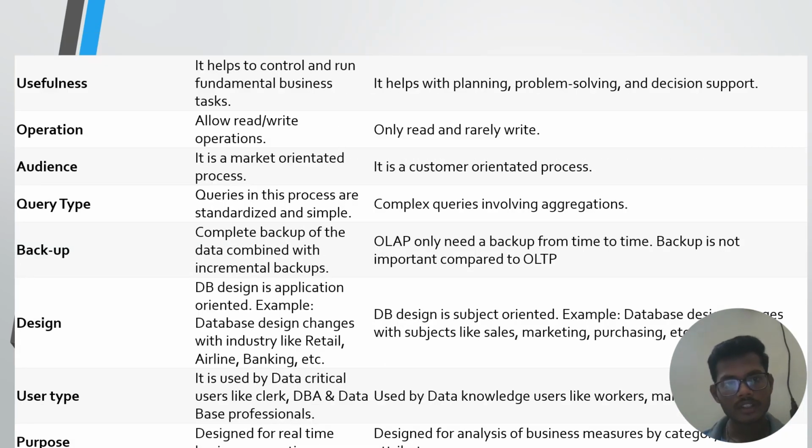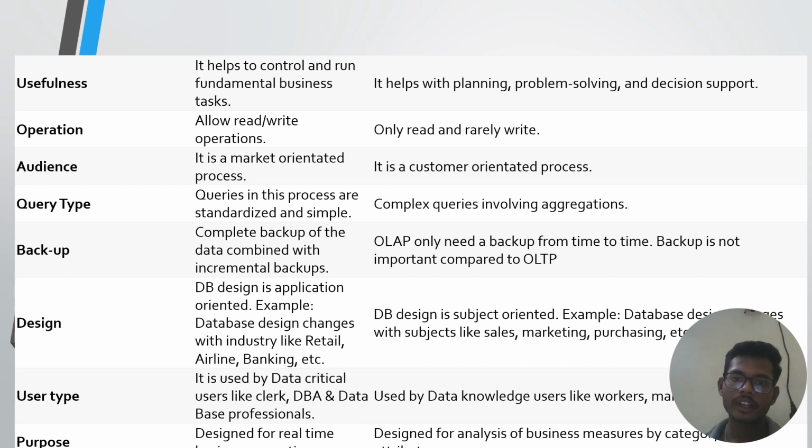Now we have some other differences. Usefulness. OLTP helps to control and run fundamental business tasks, whereas OLAP helps with planning, problem solving, and decision support. Operation of OLTP and OLAP. OLTP allows read and write operations.